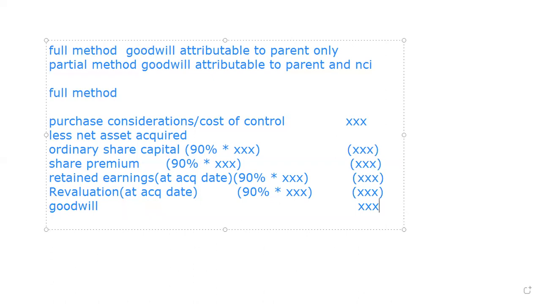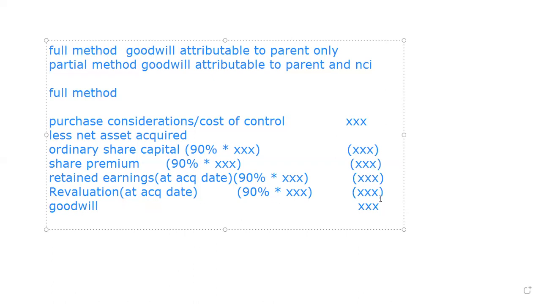We have to subtract the pre-acquisition dividend if it is there. I'm just assuming I only have these as my net assets, but we can also have preference share capital. All these net assets acquired, you must multiply by the percentage of acquisition with the amount given.